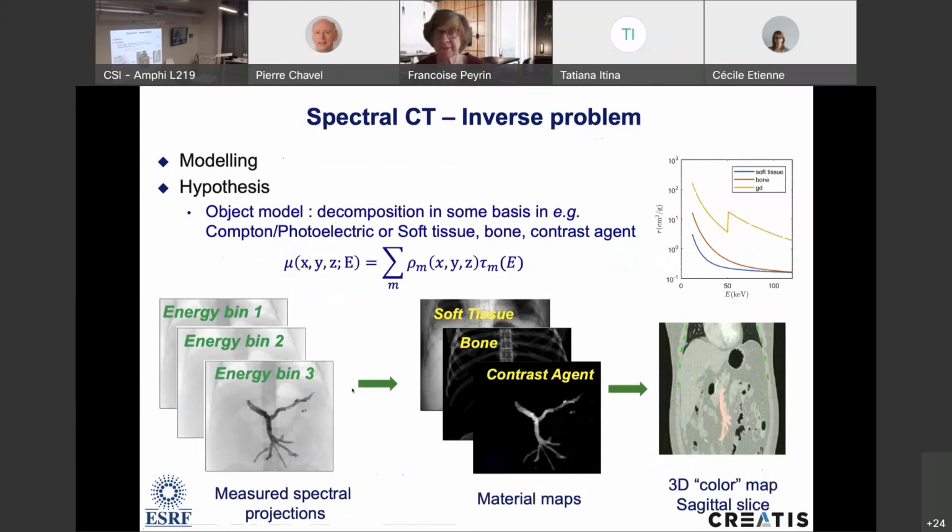In this case, you have your measured data in the different energy beams, and what you want to reconstruct now is not just the image in its globality, but the individual components, for instance soft tissue, bone, and contrast agent. So you will typically use this energy-resolved data to get what we call the material maps, for soft tissue, bone, and contrast agent, and then you can reconstruct in 3D to get the 3D color map.